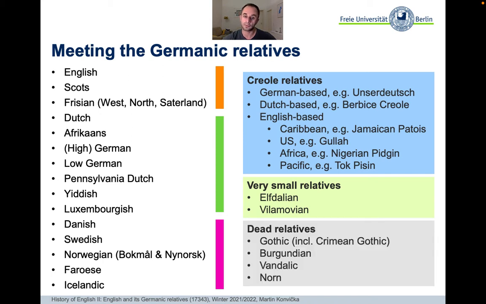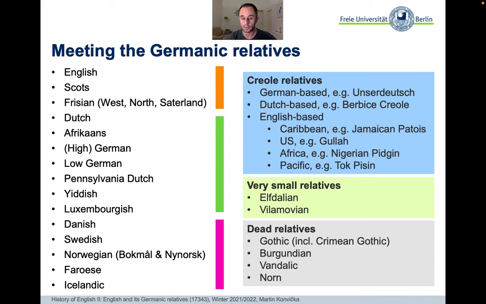Okay, and then there are, of course, dead relatives, as you know. The most important of these is Gothic, right? One of the East Germanic languages. So we have West Germanic languages, North Germanic languages, and East Germanic languages. And that is most prominently Gothic, and its offspring Crimean Gothic that probably died out in the 17th, 18th century and was spoken on the Crimean Peninsula.